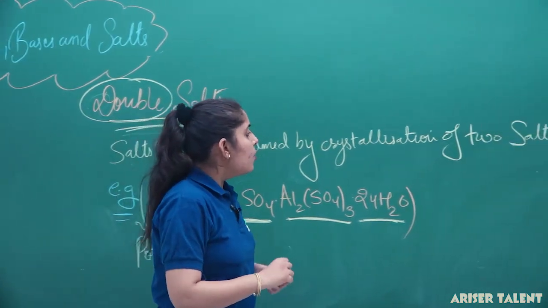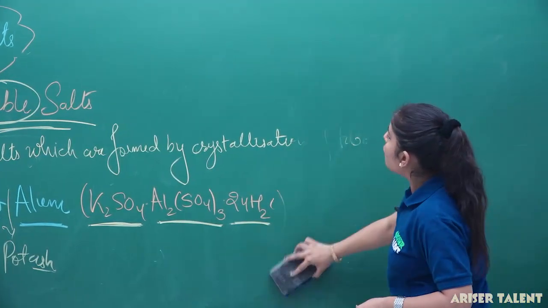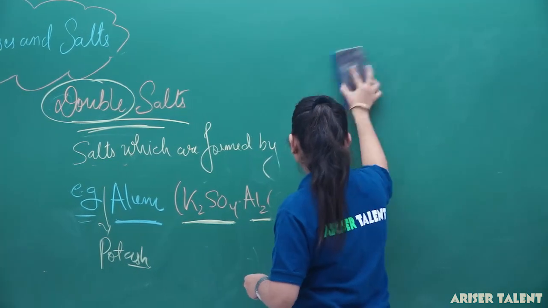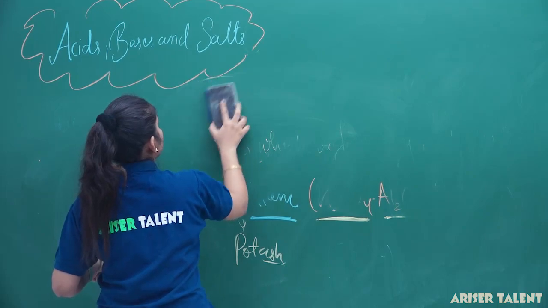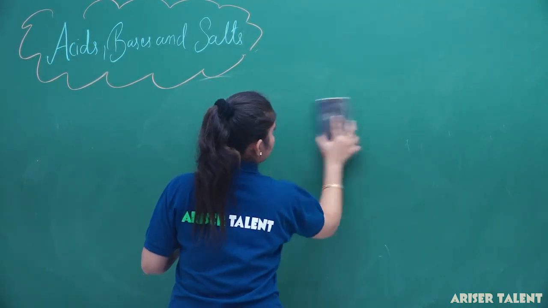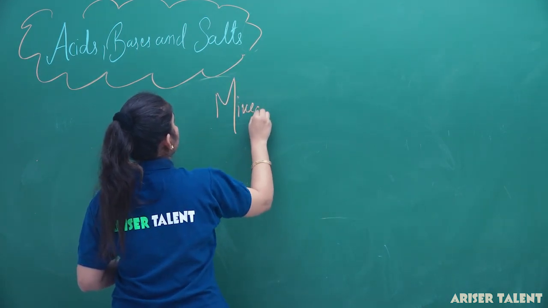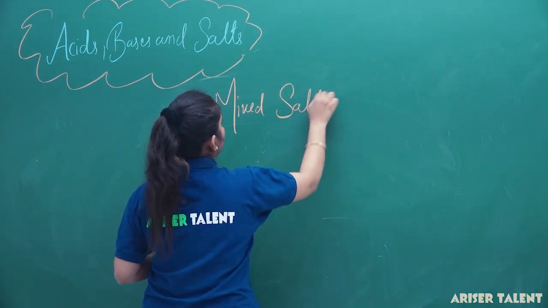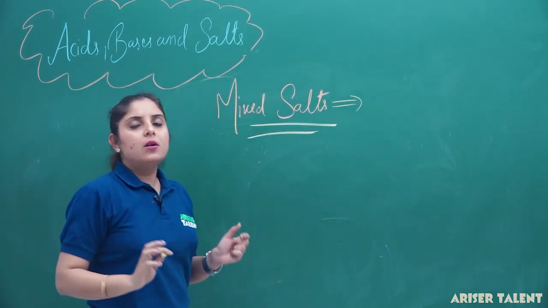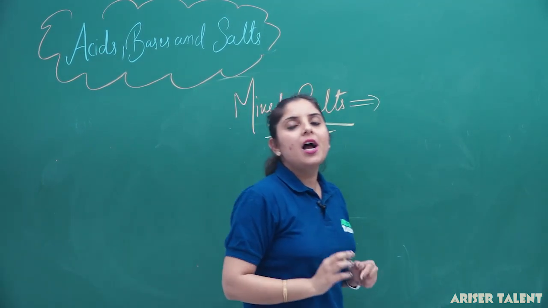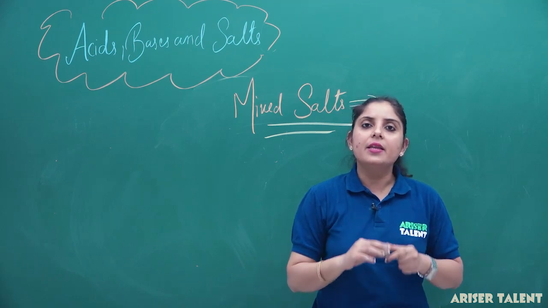Okay. Now, after double salt, we have the last category of salt, that is known as the mixed salt. Now, what are mixed salts? The next category we have is the mixed salts. Mixed salts are the salts which are formed whenever there are two kinds of radicals present in a particular salt.